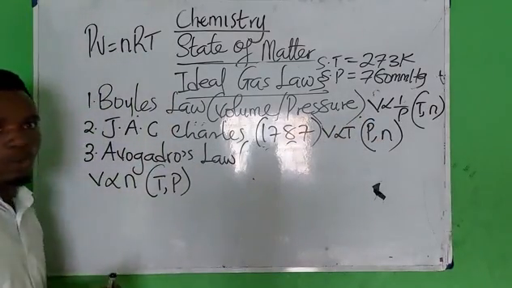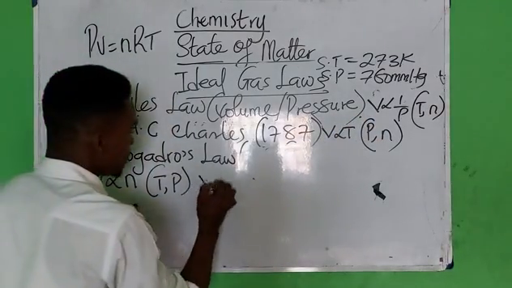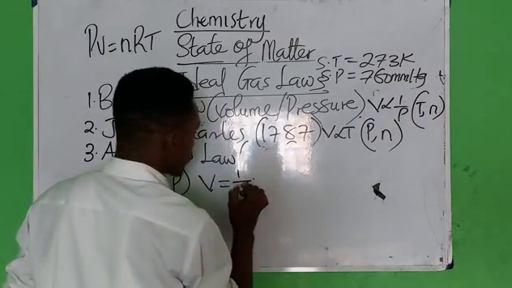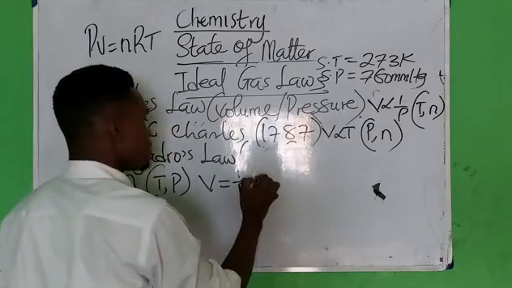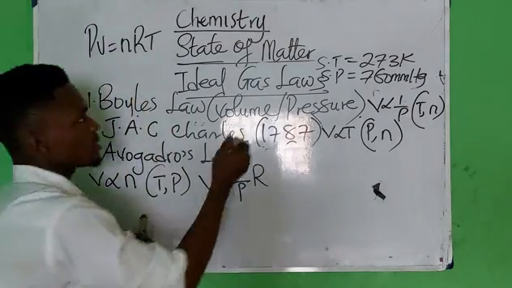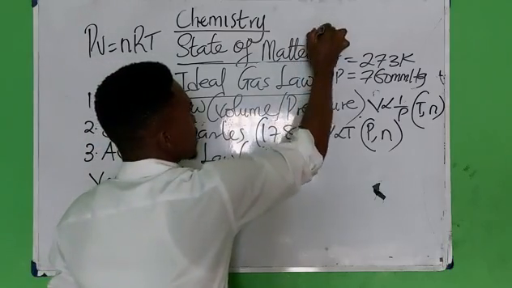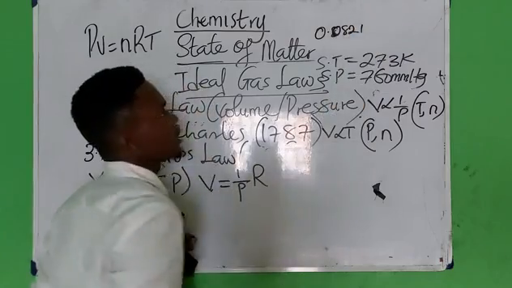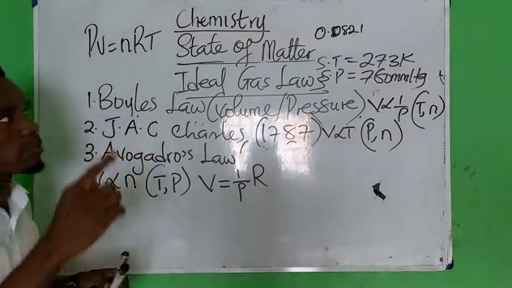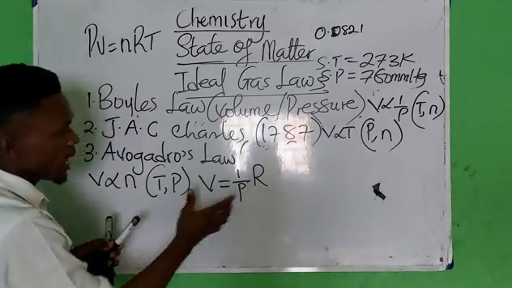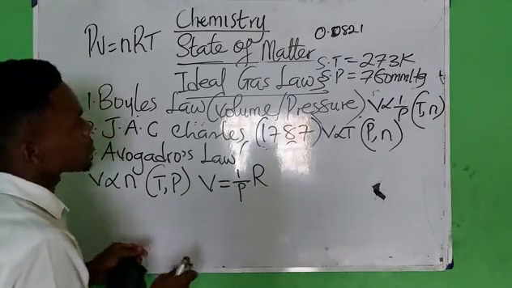V is common, so V is equal to, the first one here is 1 over P. And of course, I have my R as a constant, which is the gas constant, at 0.0821 liter atmosphere per degree per mole. So now we have this formula already.